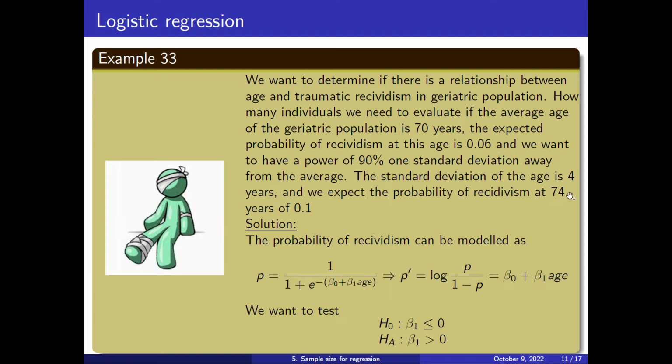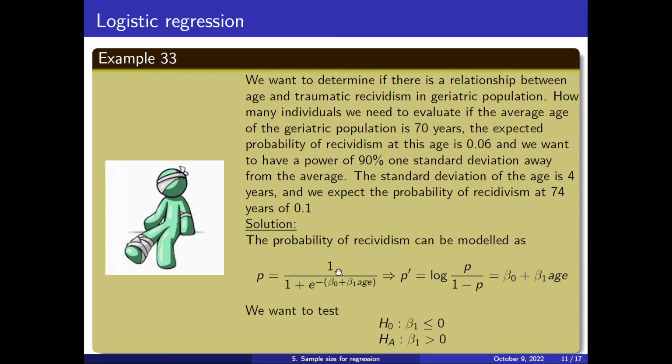The mean was 70, so at 70 plus the standard deviation, that is 74, you expect that probability of 6% to go up to 10%. Okay, and you want to find this relationship between age and probability of falling again.